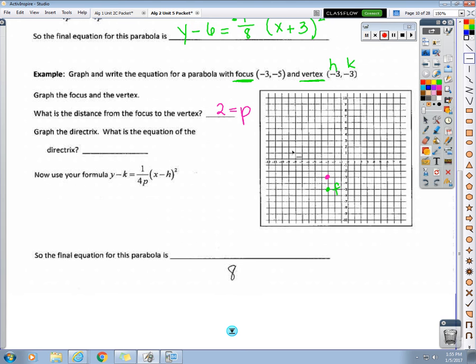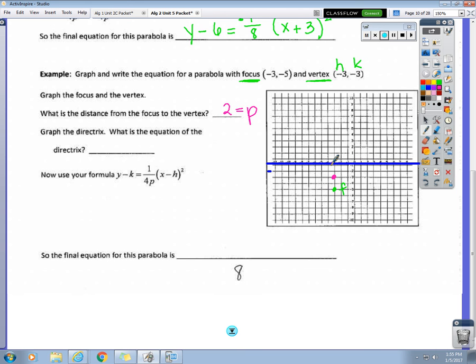So we'll draw in the directrix at negative 1. Not that knowing the directrix is critical to writing the equation, but they ask for the equation over here. So what's the equation of the directrix? y equals negative 1. Remember, it's just a line that crosses through the y-axis at negative 1.